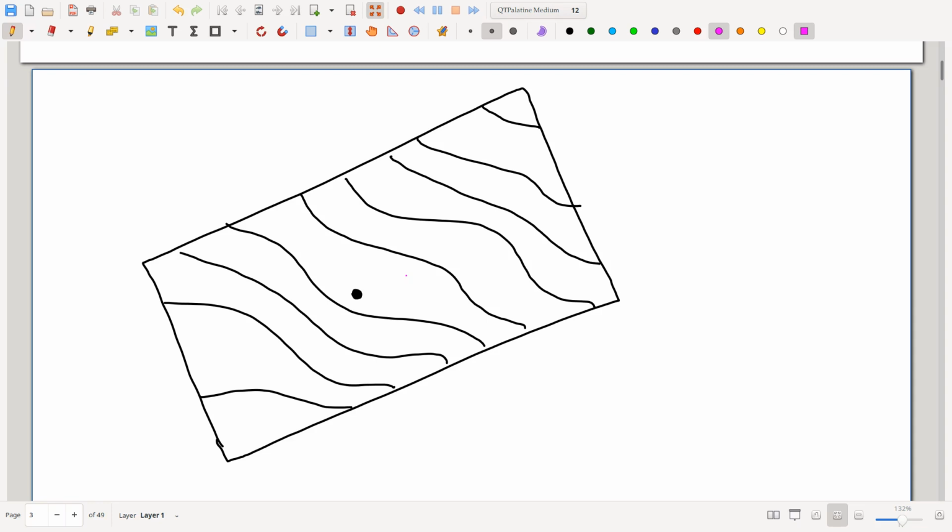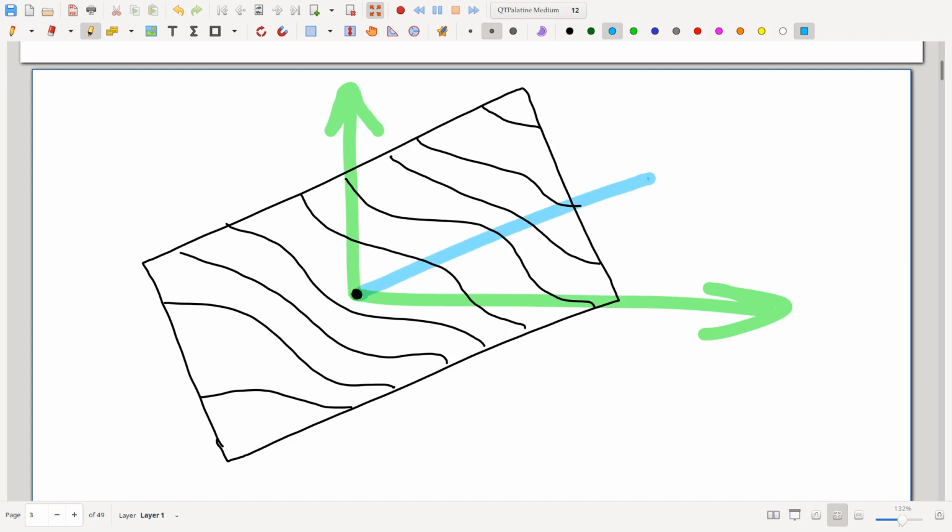So which direction is the x-axis? I didn't draw the x-axis. Okay, which direction should be the x-axis? Not clear, right? I mean, maybe like this. But you could make the case that the map is actually more like this, and I'm just holding the map at a weird angle.